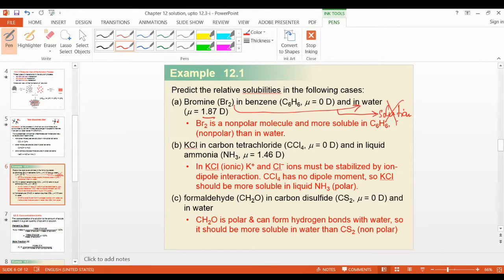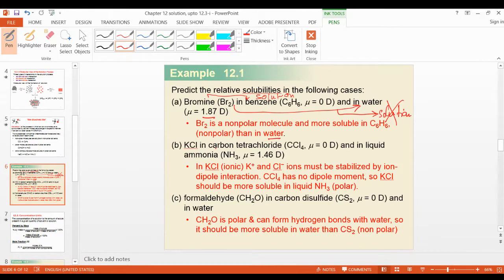All right, no solution. But these two, bromine and benzene, will make a solution because both are non-polar. Bromine is a non-polar molecule and more soluble in benzene, so they will make a solution, but in water they will not.